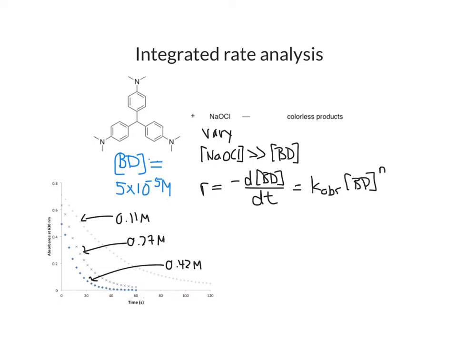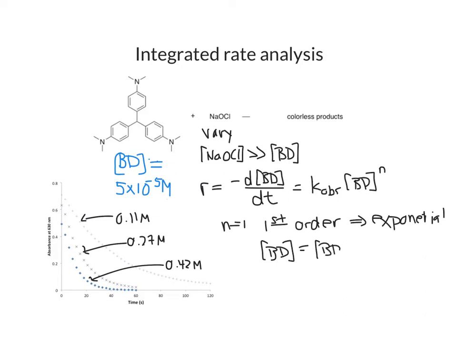So now I can think about all the possibilities for n. So if n is equal to 1, I have a first order reaction, and my integrated rate law tells me that that reaction should be exponential, or look like [BD] is equal to [BD]_0 e to the minus k observed times t.